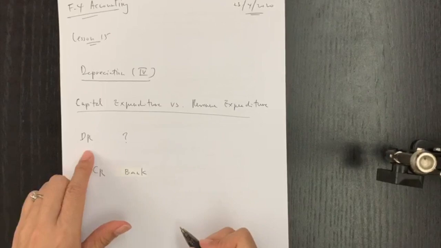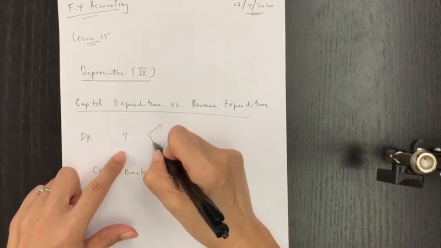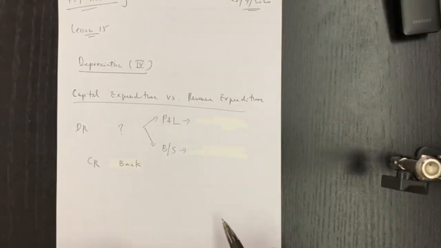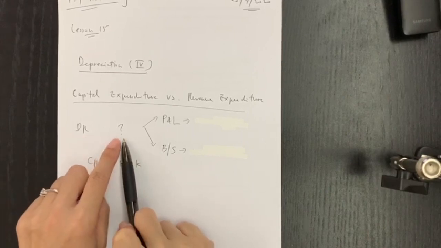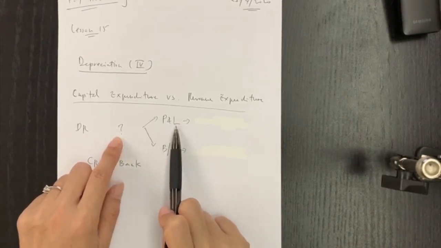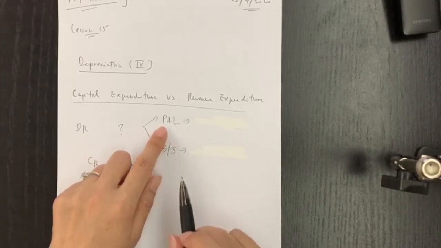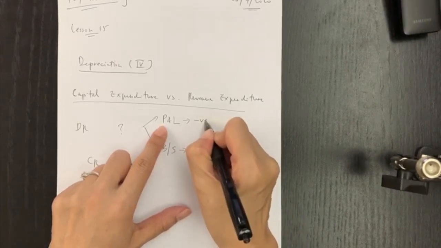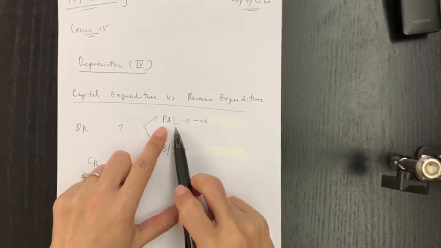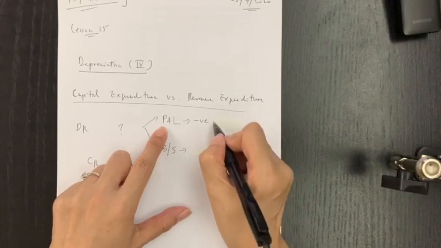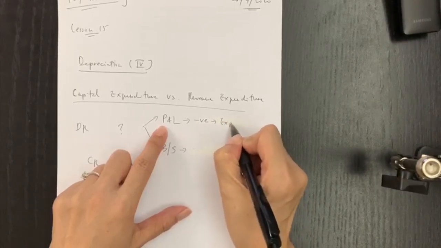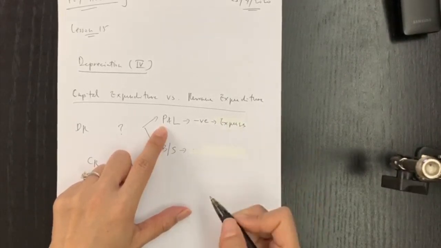Actually, for the debit items, there are two ways to go. Let's look at the debit item. If we put the debit item in the profit and loss account, that means it is a kind of negative thing to the business, because all debit items in the profit and loss account mean expenses.